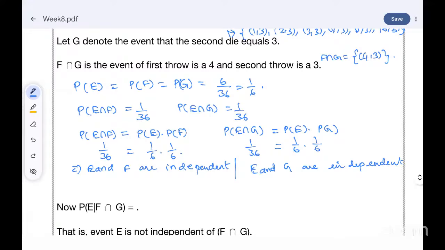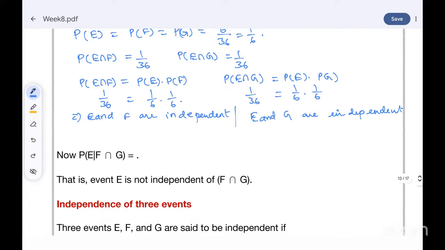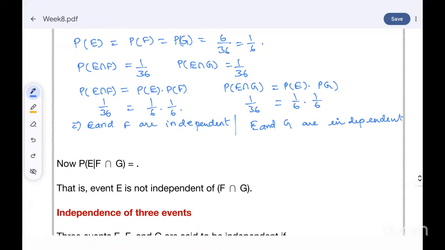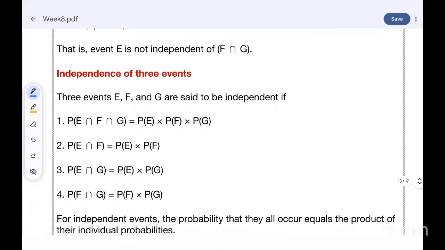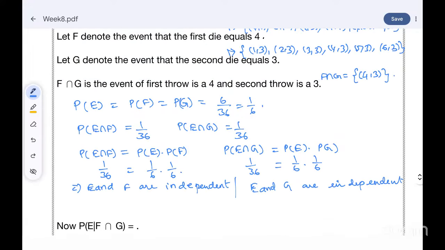So this is the only event. Now if the given is this, your sample space is just (4,3), and your E is the sum of the dice is 7. So what is the probability? You have only one element, so this is the total sample space.